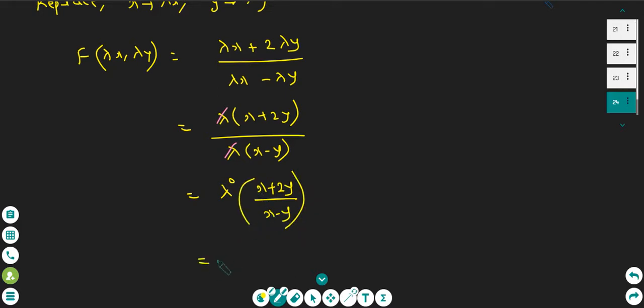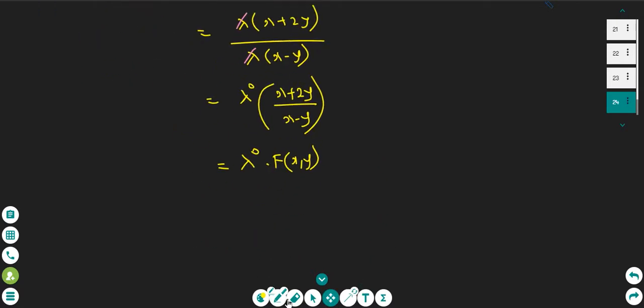Since I don't have any lambda, I can write it as lambda with power 0, times x plus 2y divided by x minus y, which is in fact lambda power 0 times our original function f of x comma y. So we can observe that f of lambda x comma lambda y is lambda power 0 times f of x comma y.